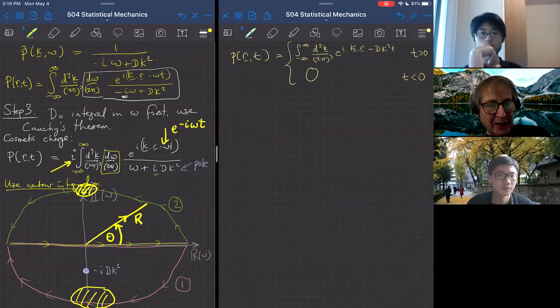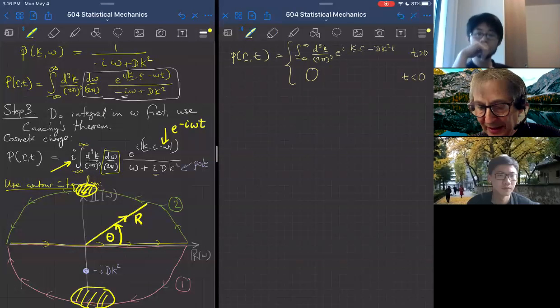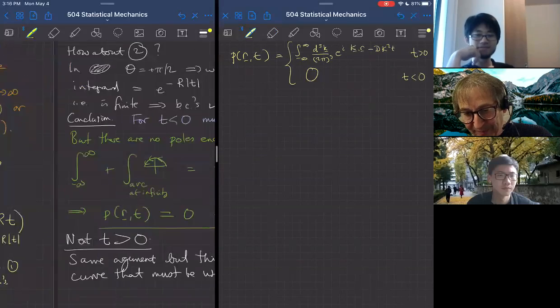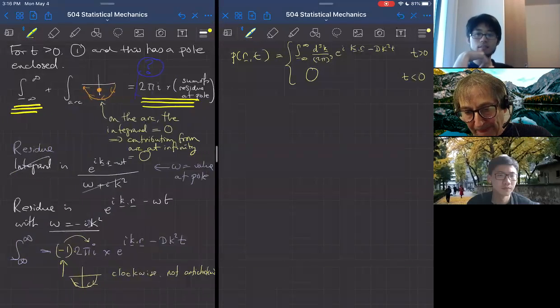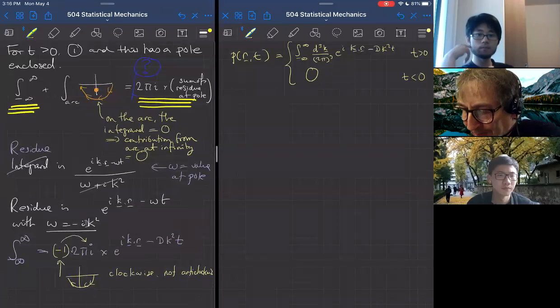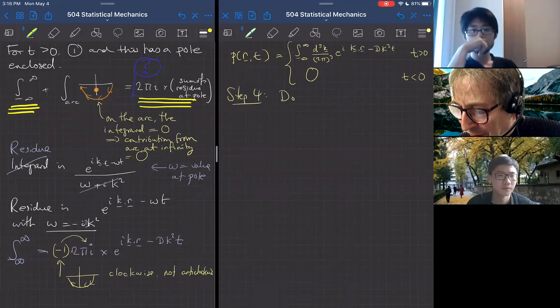So we'll come back to the physical significance of this in a minute, but this is the result. So step 4 or step 5 or whatever step we're on. Let me just see where we are. Okay, so step 4 is do the k integral.